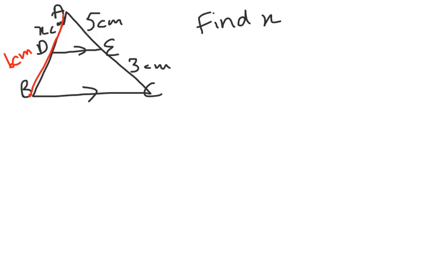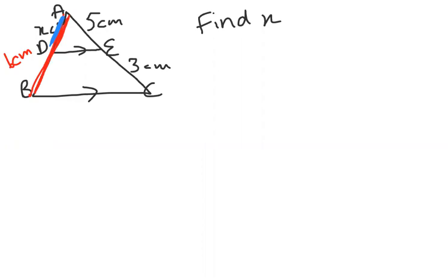So I'm going to try to see if I can use the 6. So I have an X there, I have a 6, I have a 5 and a 3. So I'm just going to say this blue line, which is the X, I'm going to divide by the red line.